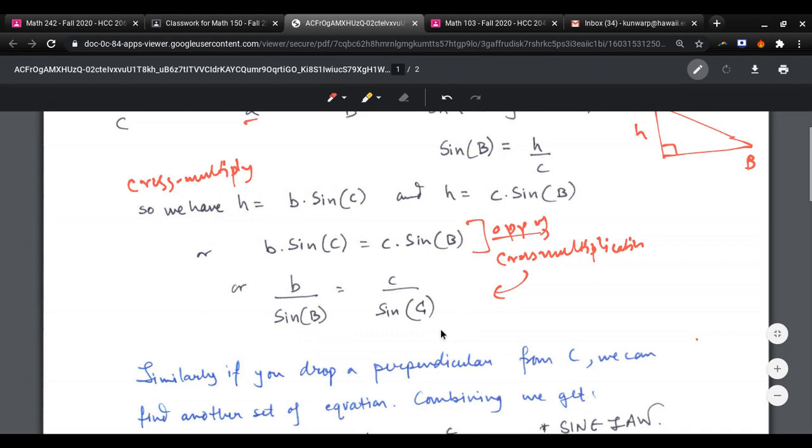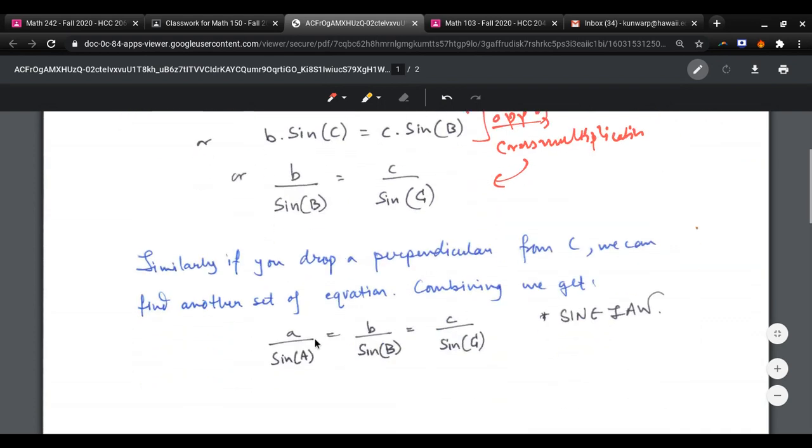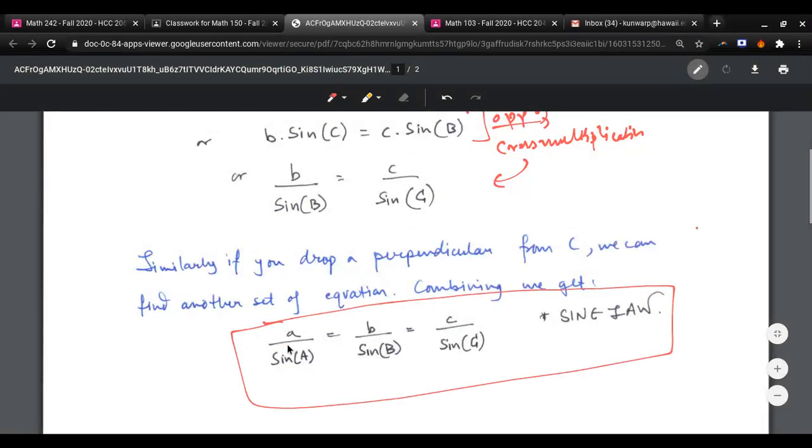And then if you drop a perpendicular from C you find another equation, and this is called the sine law. So it's symmetric. You have A and sine A, and then you have B and sine B, and then you have C and sine C.